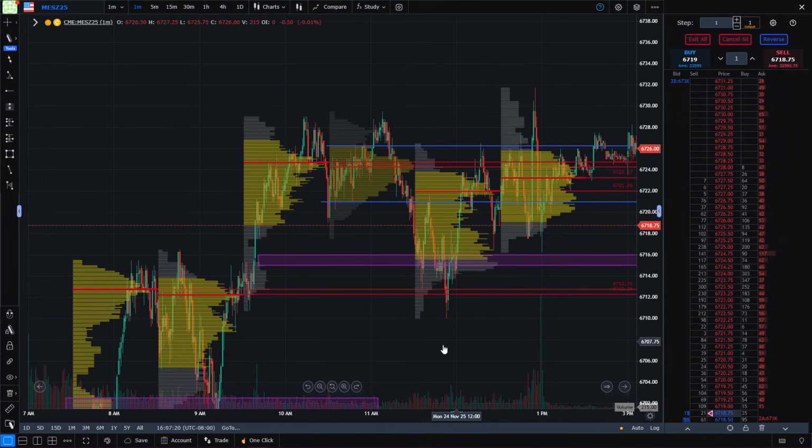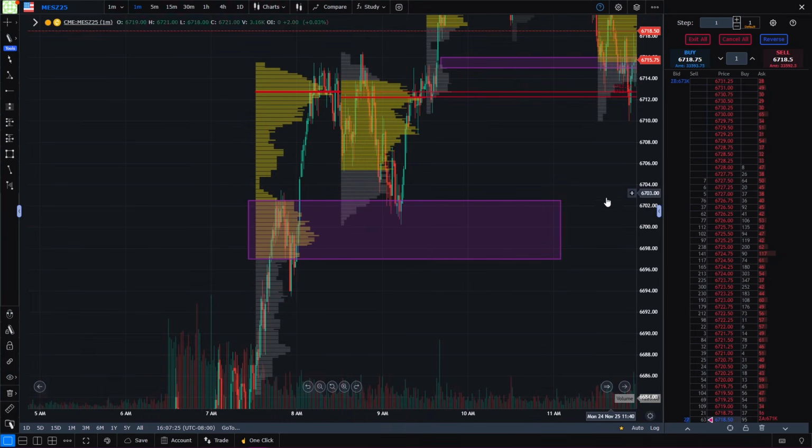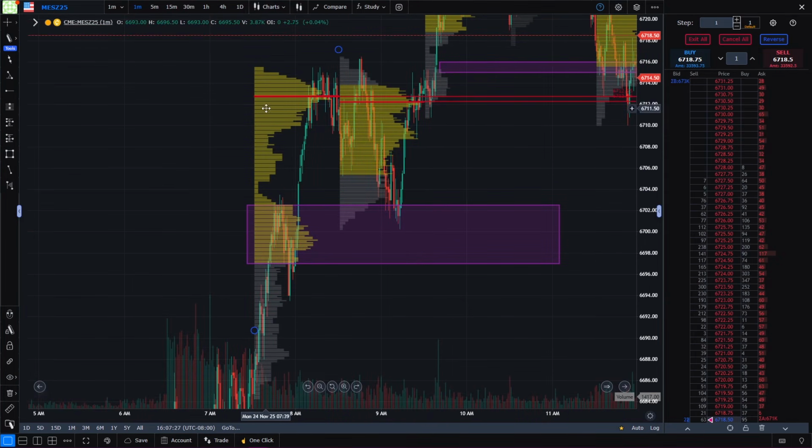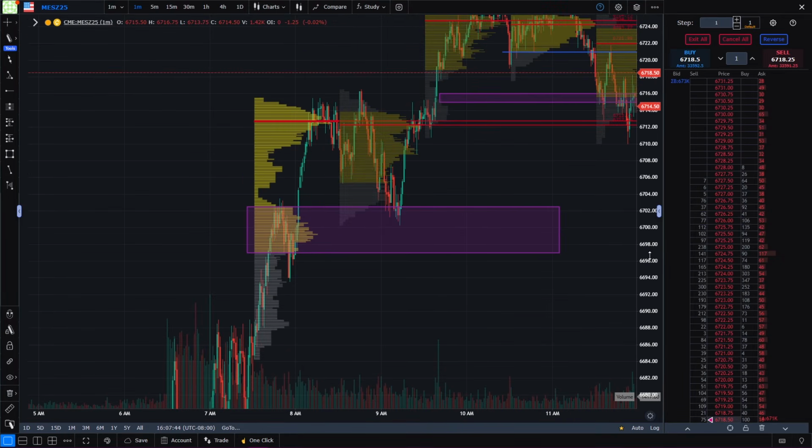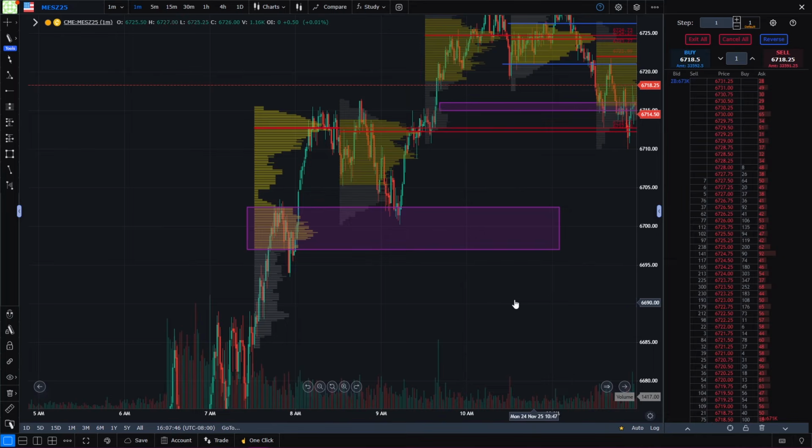And we've gone over a profile that is imbalanced, meaning that the majority of the volume is leaning to one side or the other. In this case, price was moving up, and the majority of the volume on this profile was traded near the top. And then there's another high volume node here. We did touch on high and low volume nodes, but we can go into that in more detail.